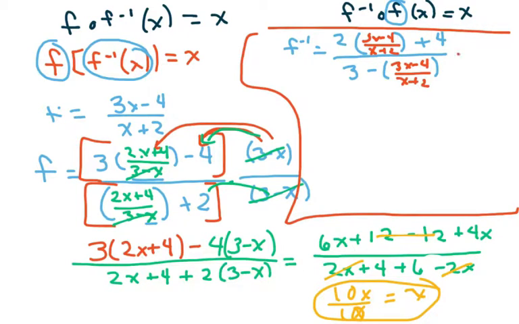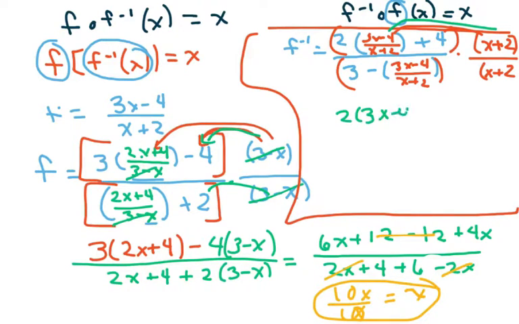And we're going to do the same trick. We're going to just multiply the numerator and the denominator by x plus 2, and then distribute this and multiply by each part. The first part is going to cancel here, so you just get 2 times 3x minus 4.